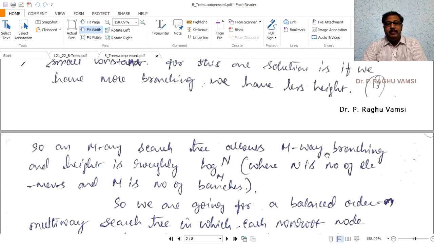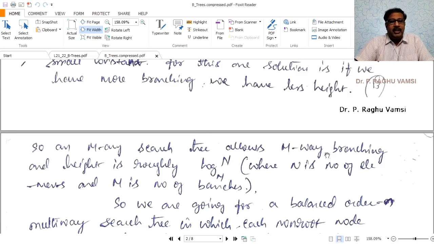M-way means, for example, if you arrange the tree with 5 branchings, instead of 2 branches as in the binary tree, every node has at most 5 children.